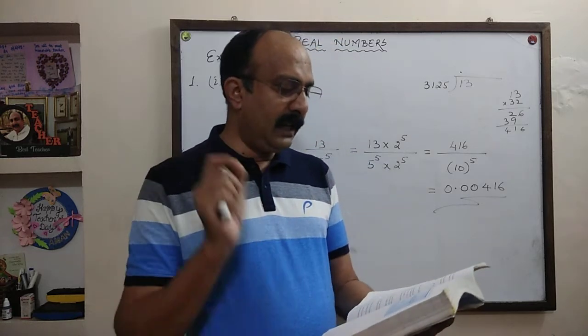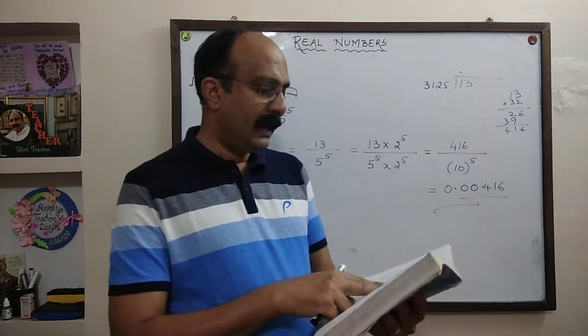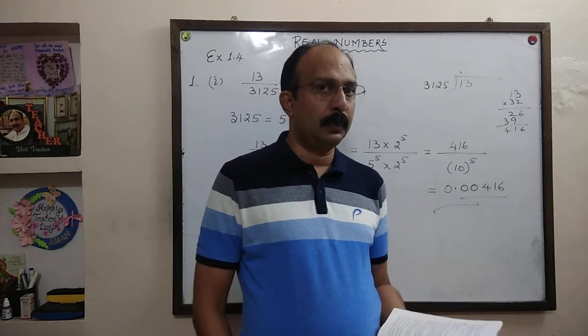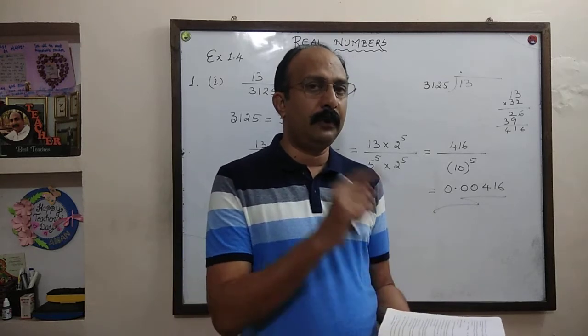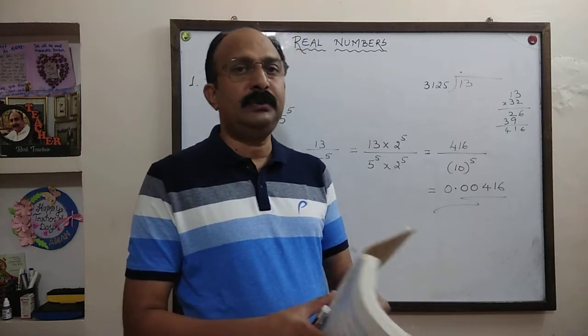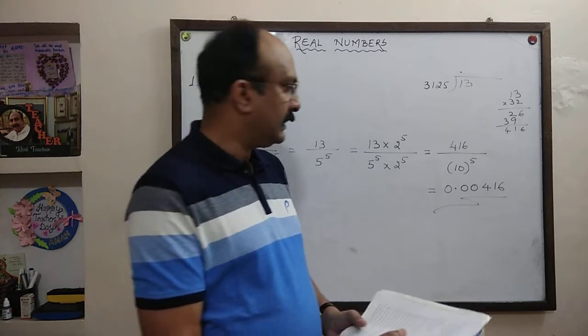So first of all you have to tell whether they are rational or not. And if they are rational and given in decimal form, if it was in p upon q form, what can you say about the prime factors of q? Let's see. The first question.